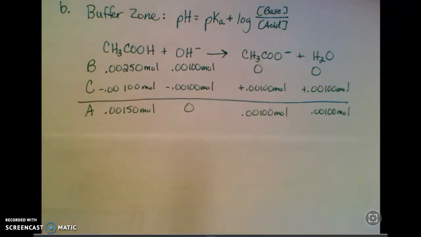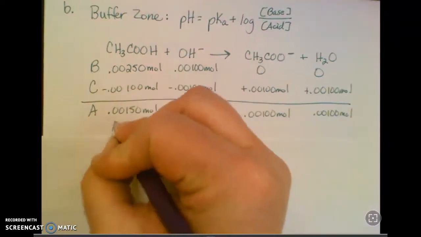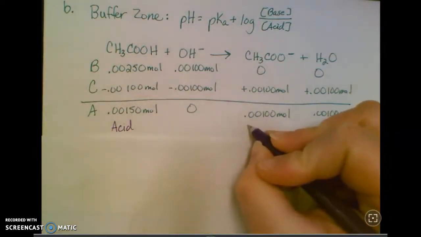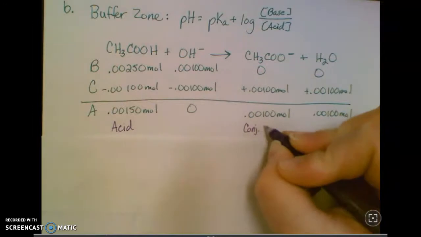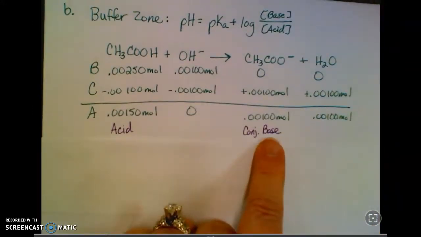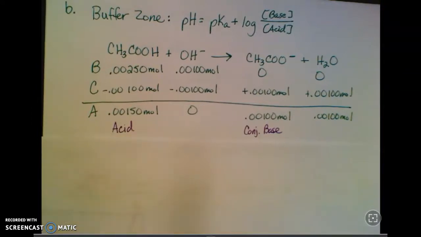And so this is a buffer solution. This is an acid, and this is the conjugate base of that acid. And so I've got a ratio of base to acid.